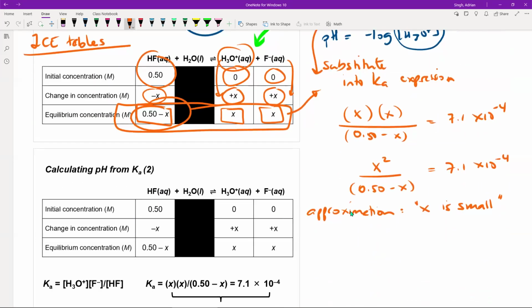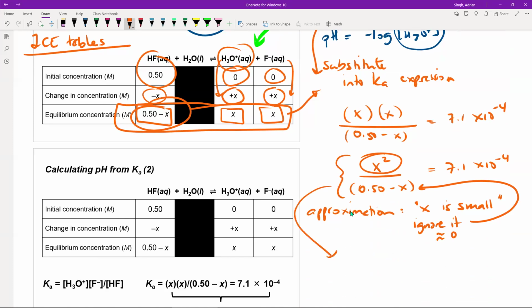So if X is small, we can ignore it in this part of the equation. We can't ignore it in the numerator because that's the only thing we have there, but we can ignore it in the denominator, since it's close to 0. So I end up with X squared over 0.50 minus 0, which becomes 0.50.